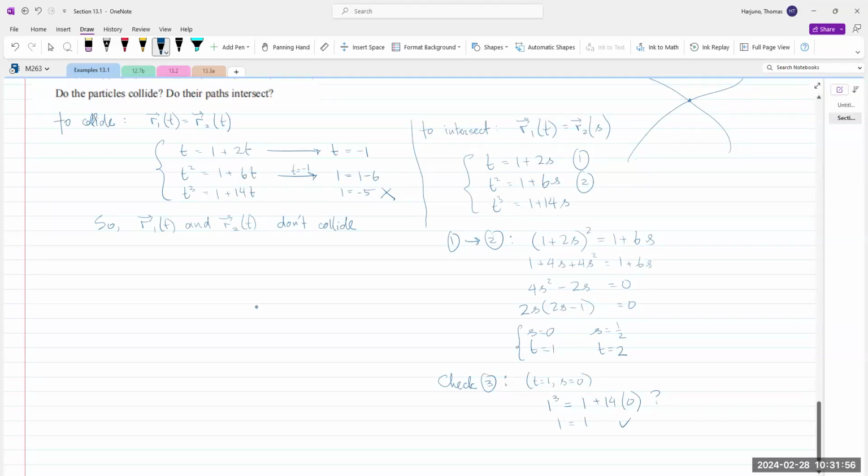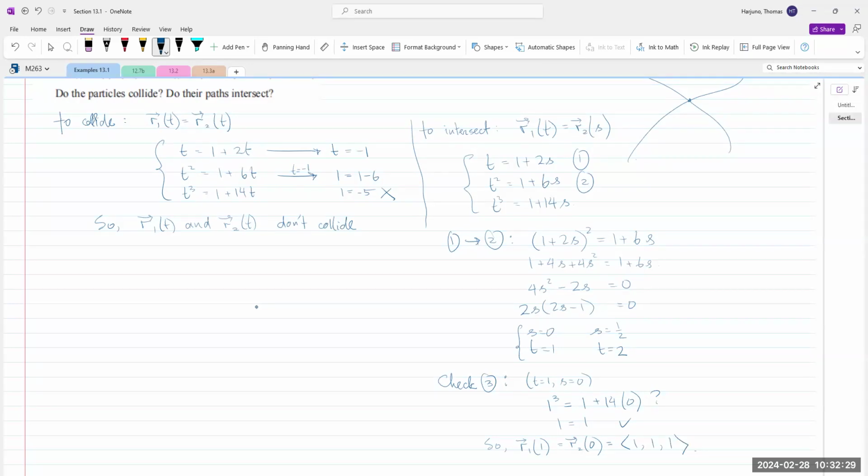So using that, we see that the path collides at R1(1), which is R2(0). Okay, and you will see that the coordinate will be (1, 1, 1), right?